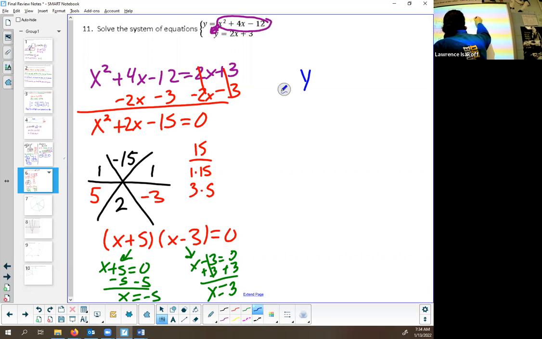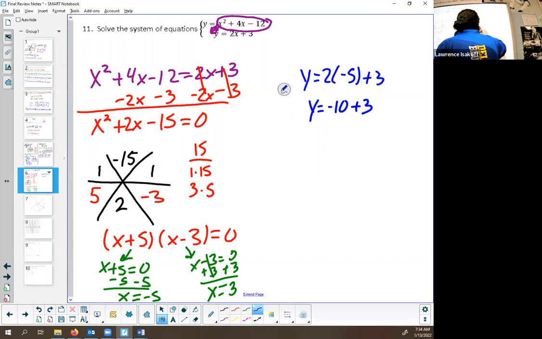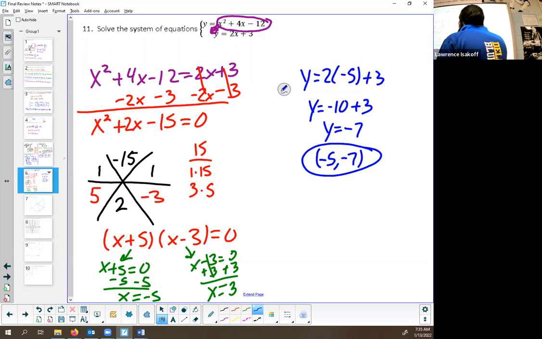So I could say y equals 2 times negative 5 plus 3. So that would be y equals negative 10 plus 3. Y is negative 7. So I get the point negative 5, negative 7. That's one solution.